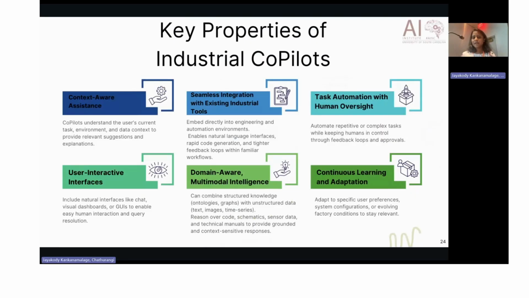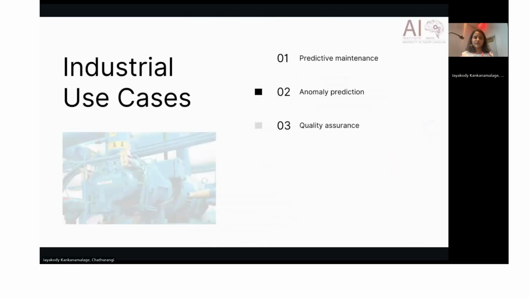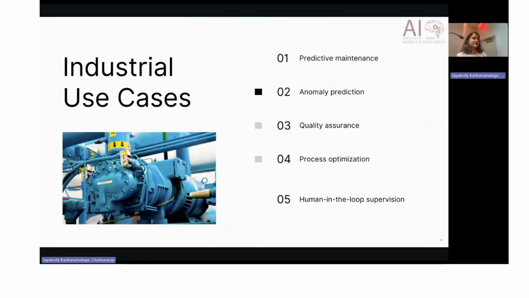And finally, these copilots can support continuous learning and adaptation across multiple tasks in a facility. They can personalize the behavior over time in order to match user preferences and adaptive, dynamic factory conditions. So what are the industrial use cases that we can develop copilots for?